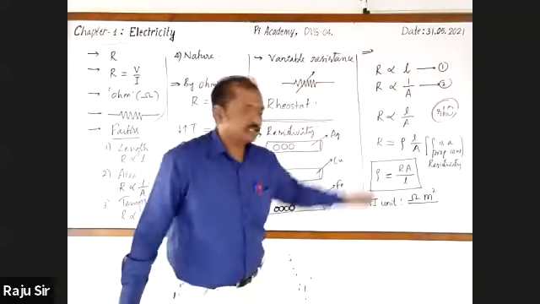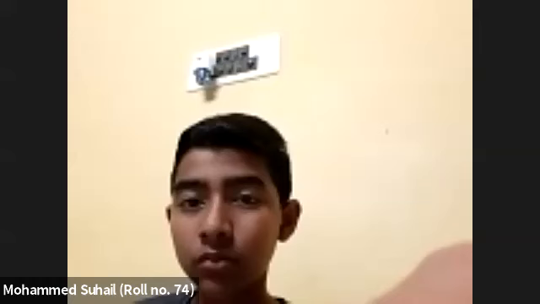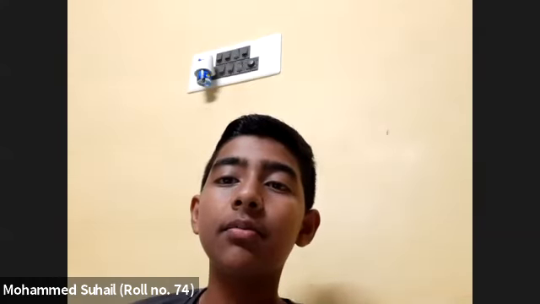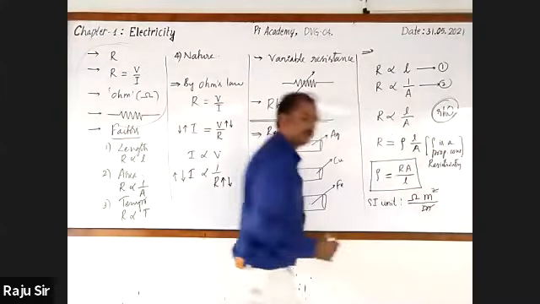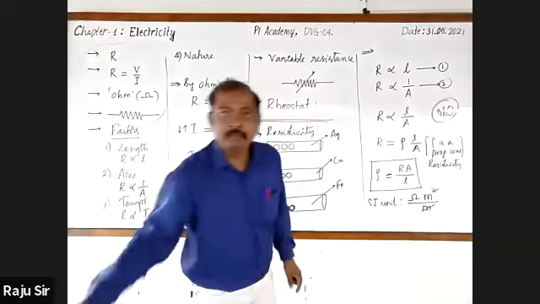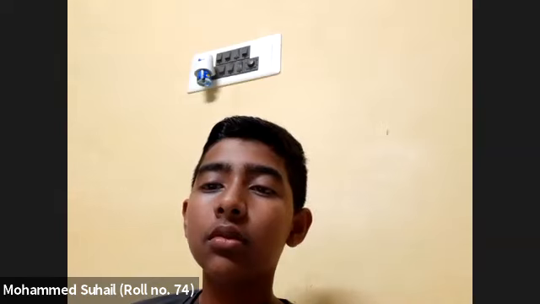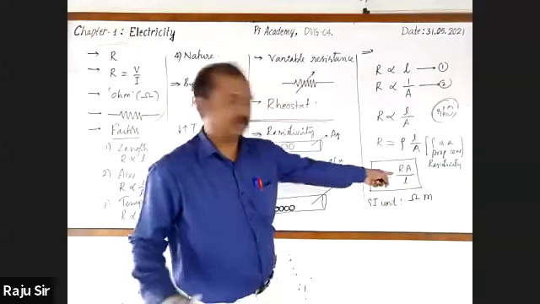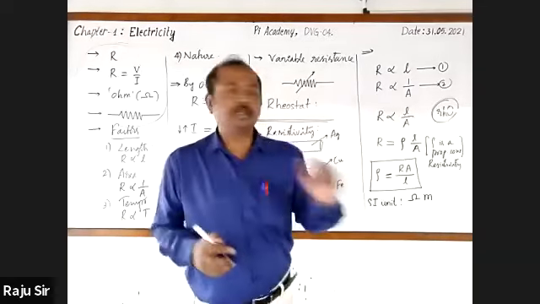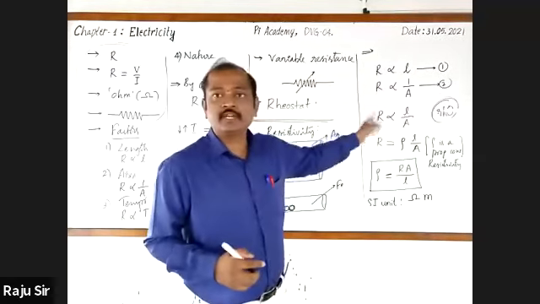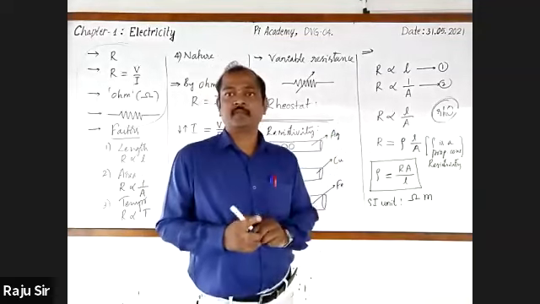And next L, that is length. It is only meter. Just observe: meter gets cancelled. And the remaining part is ohm meter. Ohm meter is the SI unit of electric resistivity.